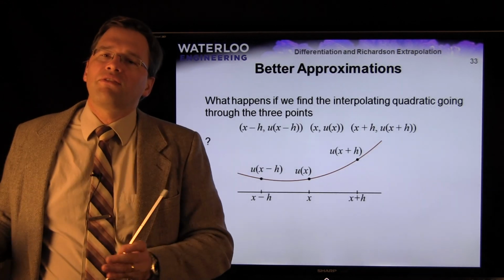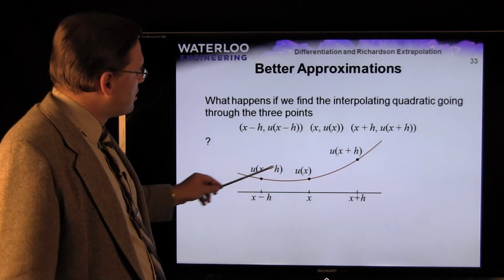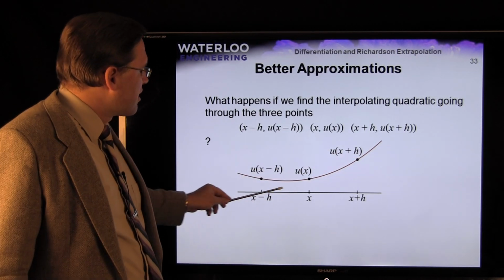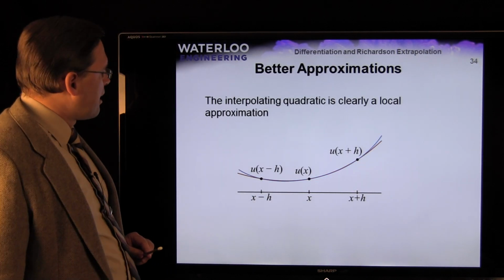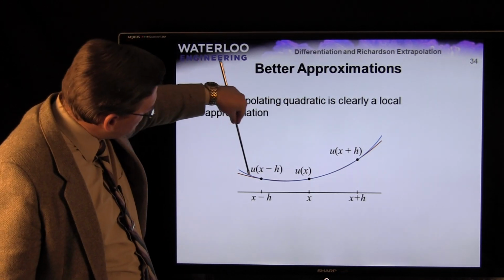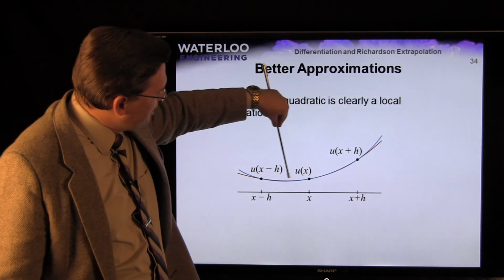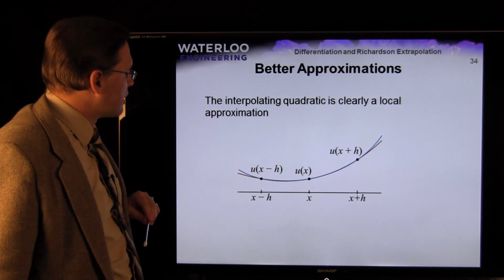Now, instead of using an interpolating line, let's use an interpolating quadratic that passes through these 3 points. Now, if I pass an interpolating quadratic through those 3 points, notice that in this interval, the interpolating quadratic hugs the function quite closely.